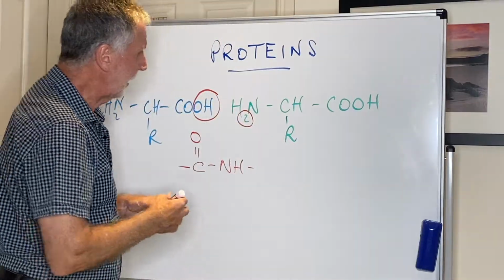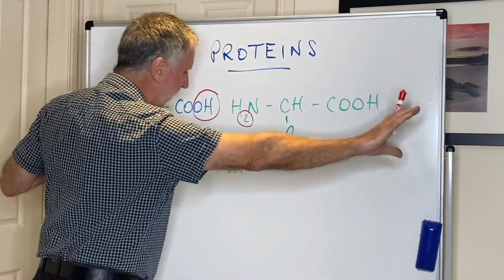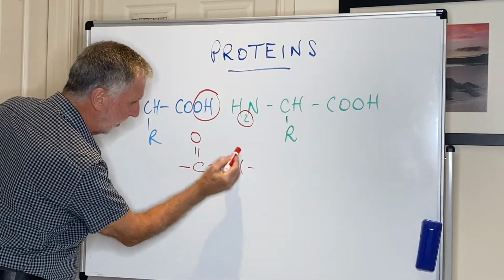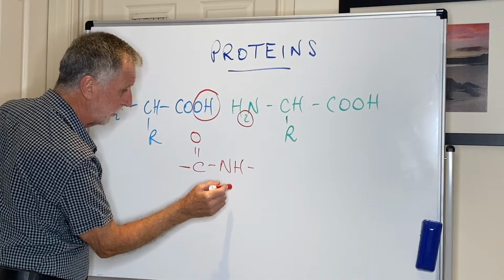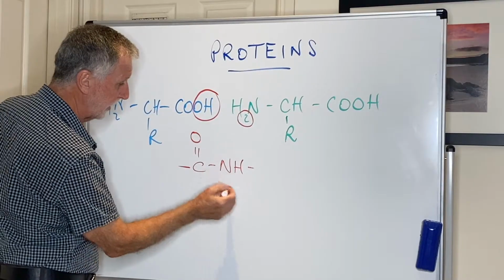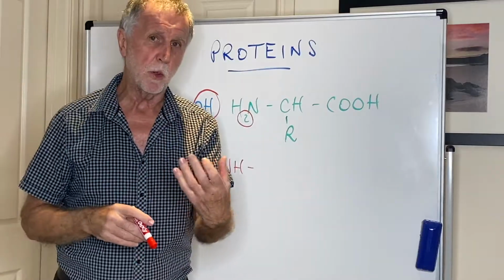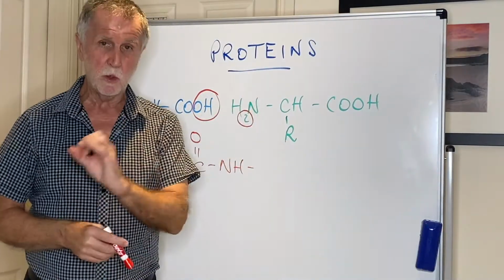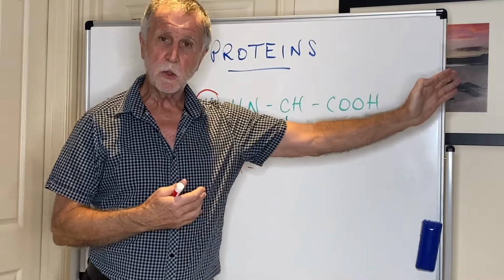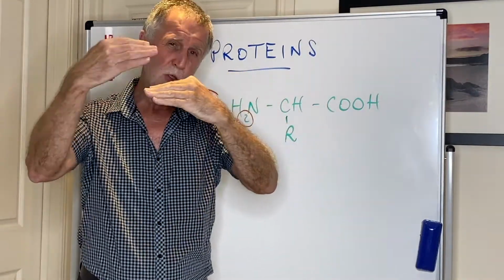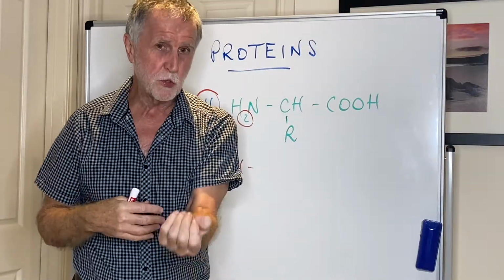That sequence will have COOH and NH groups like this all the way through. And of course we have a very polar grouping there. NH would give us a very polar grouping. Hydrogen bonding obviously is something that can take place there. We've also got a C double bond O, which is also very polar. And a lot of these R groups are polar as well. And what can happen is that the main sequence, the primary structure, can actually join to itself every so often and form the secondary structure.